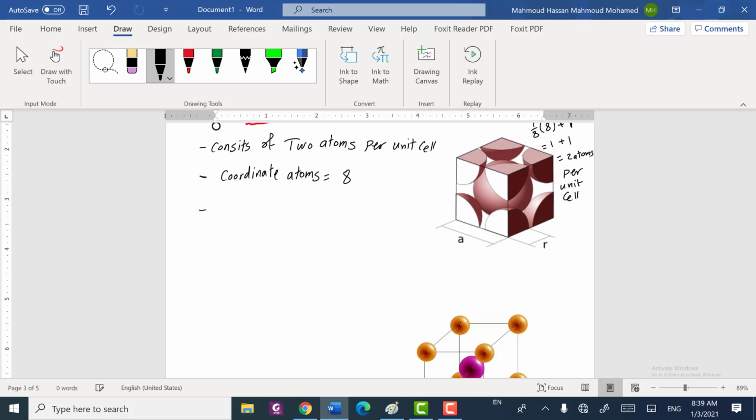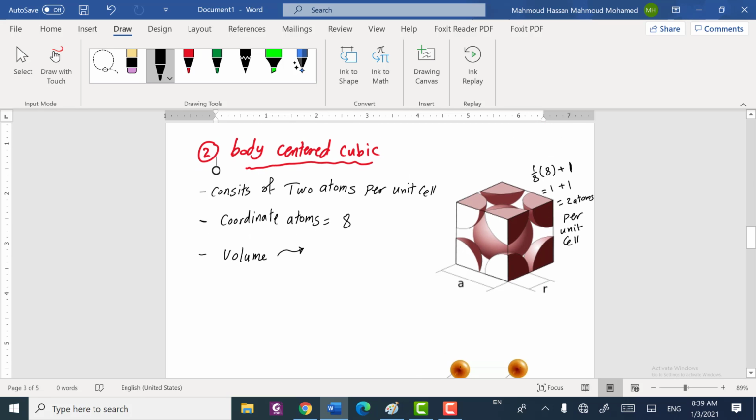If we look at the volume of the atoms that occupy this body centered cube, BCC, it will be 68% volume of the atoms and 32% empty space.